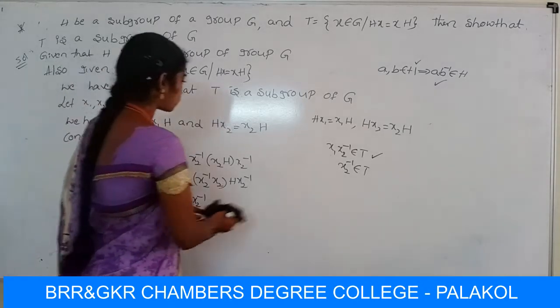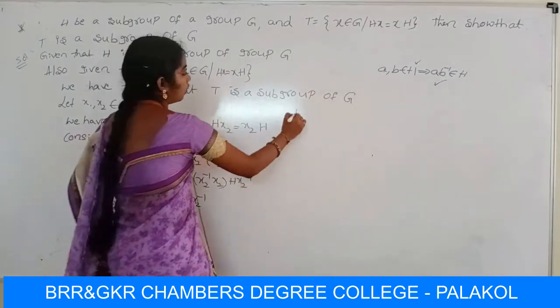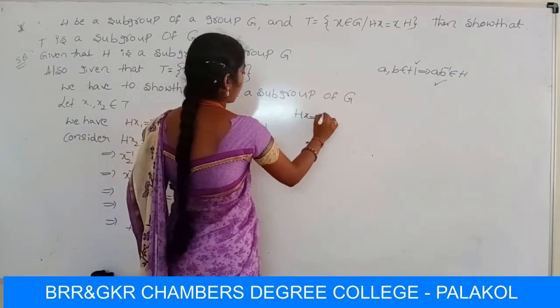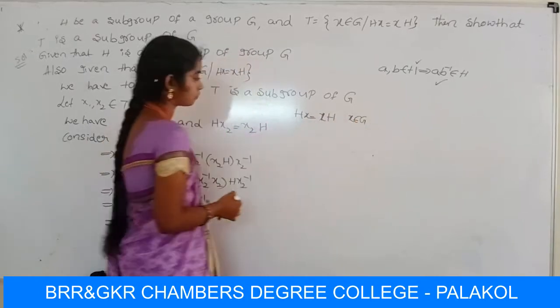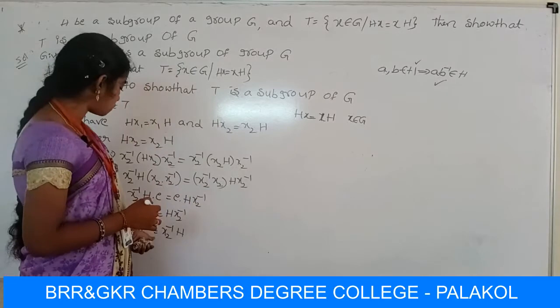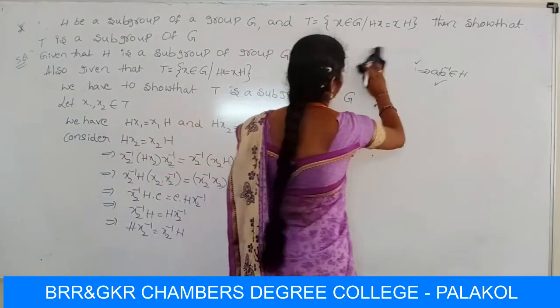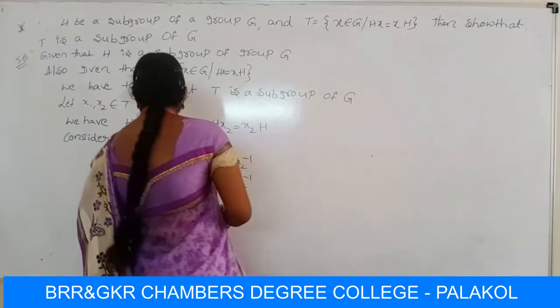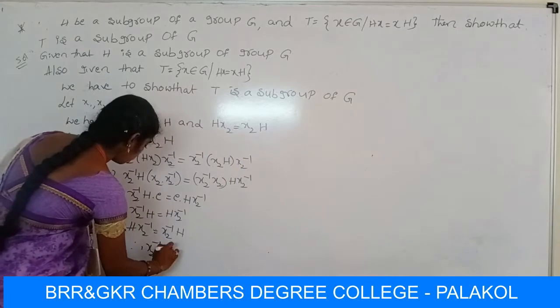So already you know that hx is equal to xh. That means x belongs to Z. So x2 inverse belongs to T. So therefore x2 inverse belongs to T.